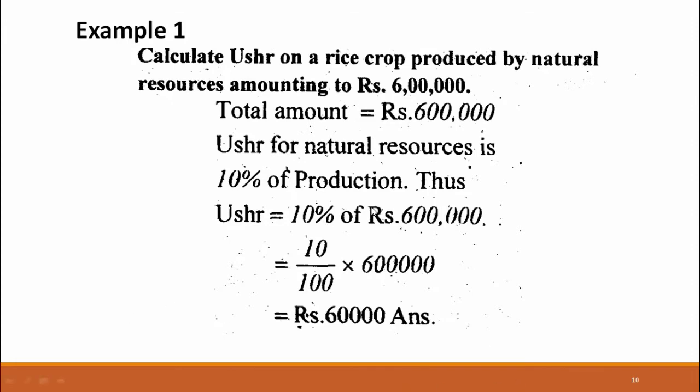So 10% of 6 lakh, 10% means 10 divided by 100 multiplied by 6 lakh, we get 60,000 rupees for Ushr. So in this case, the person should pay 60,000 from the land production, because in this problem the land is irrigated by natural sources. So we calculate the amount of Ushr according to the 10% rate.